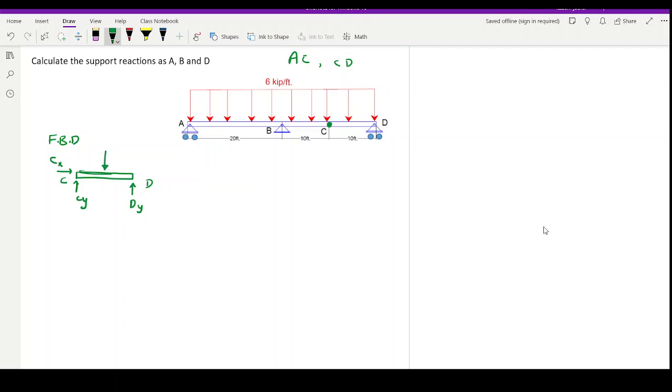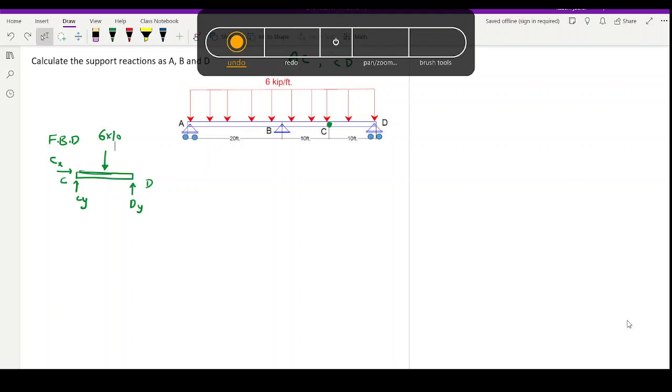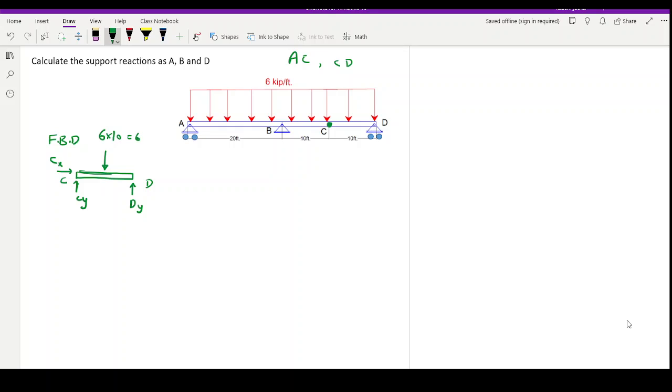I replace this distributed force with one point force, and that's equal to 6 times 10, because this is the segment we are looking for. 6 times 10 is equal to 60.